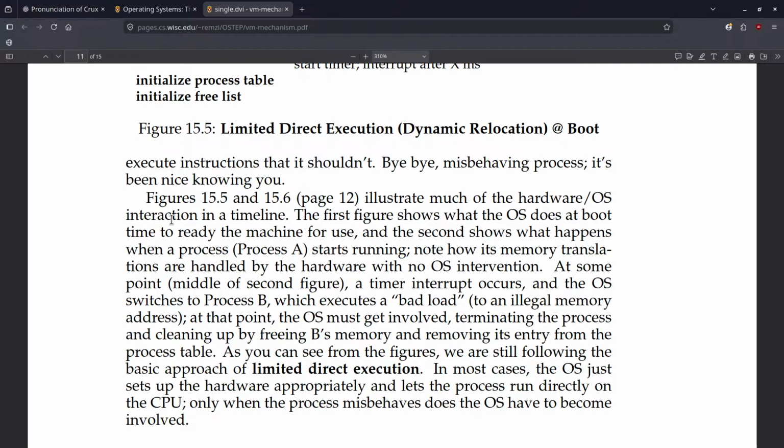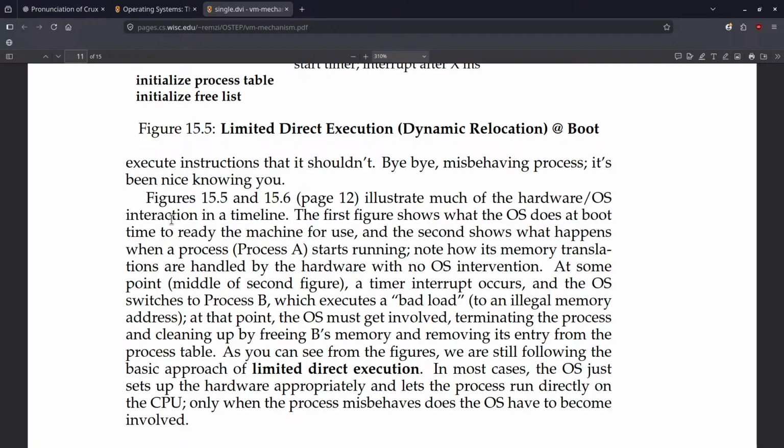Note that its memory translations are handled by the hardware with no operating system intervention. At some point in the middle of the second figure, a timer interrupt occurs and the operating system switches to process B, which executes a bad load. At that point, the OS must get involved, terminate the process, and clean up, freeing B's memory and removing its entry from the process table.